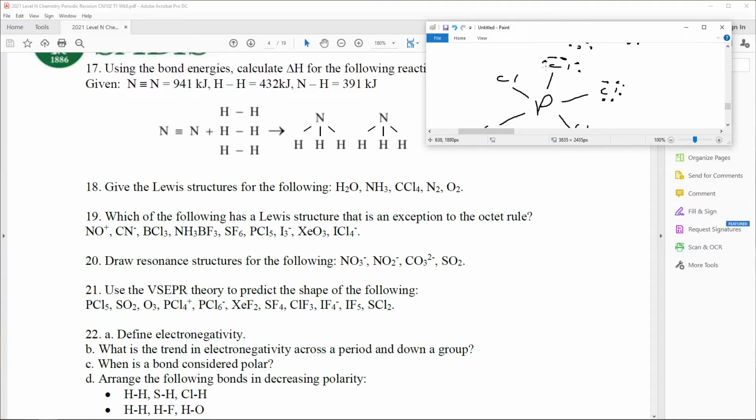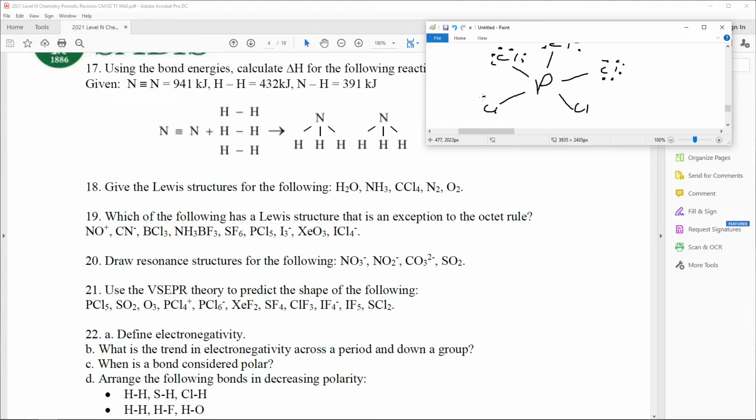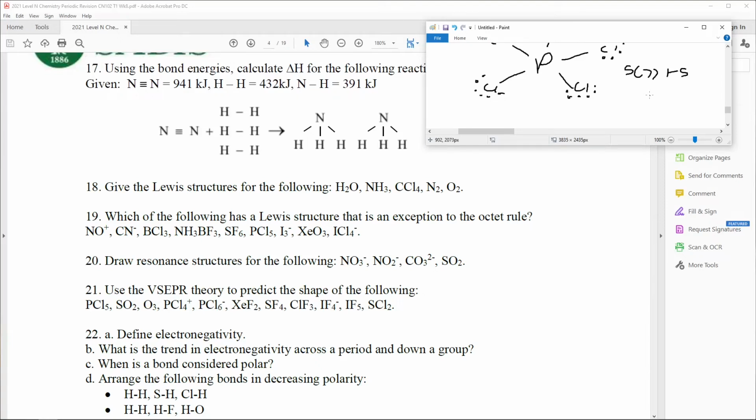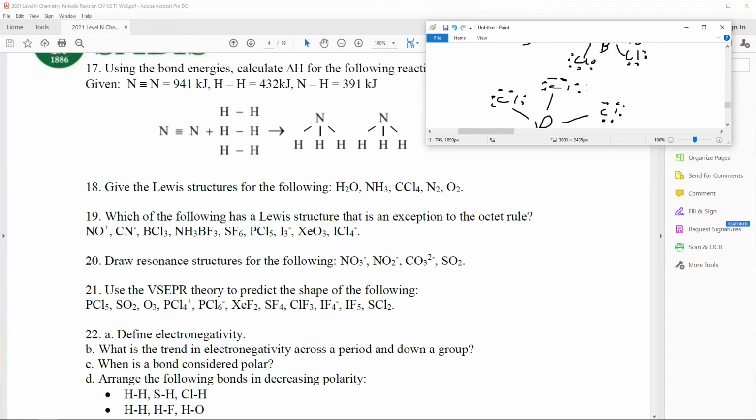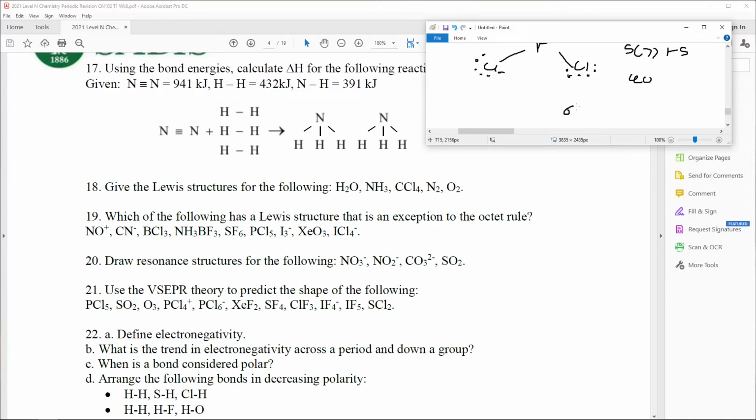Once you're done with this, you can double check with the calculation, phosphorus having 5 electrons. By the way, I might say something wrong, so let me just do this. So 5 electrons for phosphorus, and each Cl has 7, so that's 5 times 7 plus 5. That gives you 35 plus 5, which is 40 electrons. You have 6 on each chlorine, so that's 6 times 5, which is 30.